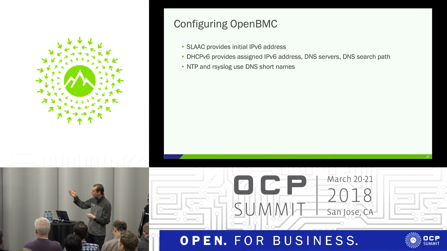We also, in some situations, bootstrap using the SLAAC IPv6 address. That possibility of using a short DNS name, where the DNS search path is concatenated to some prefix to get the full host name, has allowed us to have our syslog and NTP configuration out of the box.